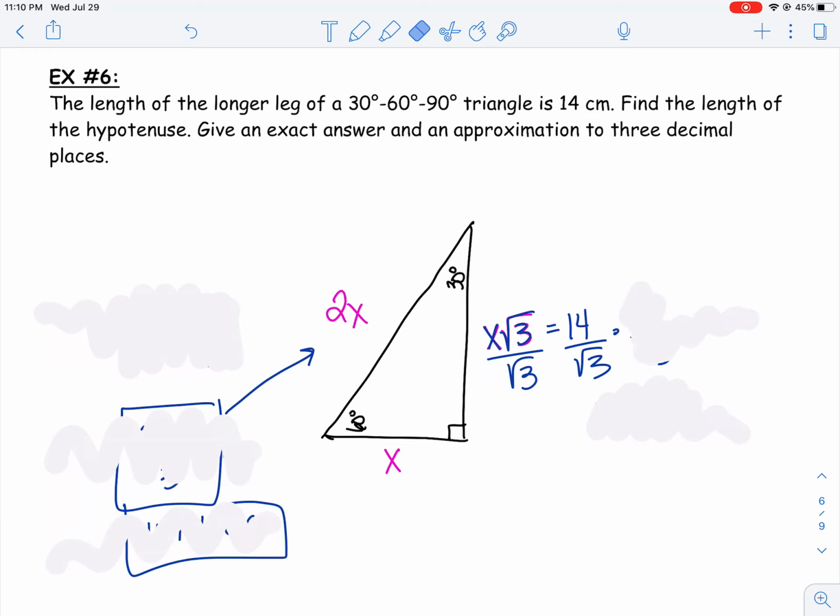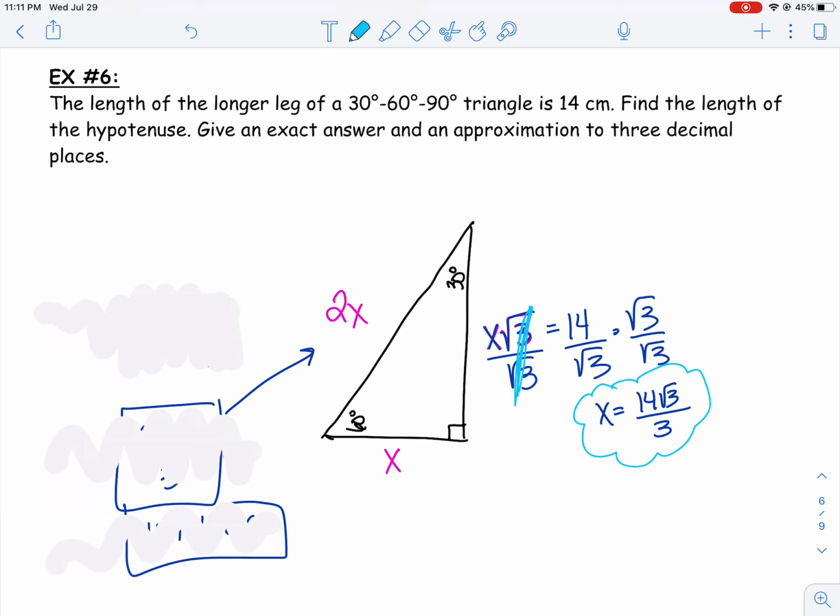And now I can solve for x. I can divide both sides by the square root of 3, and I end up getting x equals 14 over rad 3. But let's go ahead and rationalize that denominator also, multiplying both the top and the bottom by square root of 3. So I end up getting x equals 14 rad 3 over 3, because rad 3 times rad 3 is the square root of 9, which ends up just being 3, right?